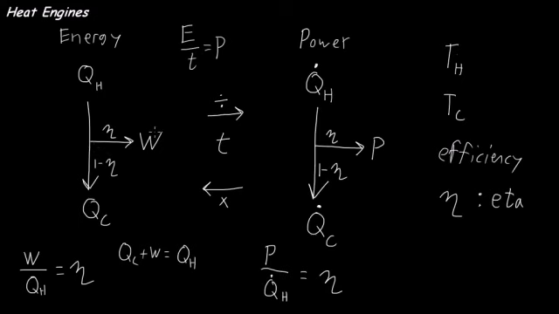So what you want to be able to do on the assignments is to solve for the unknowns if I give you the knowns. So if I might give you QH and W and the efficiency and one of the temperatures and maybe time, and you should be able to find everything else just from these relationships.